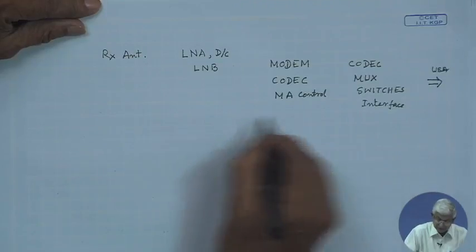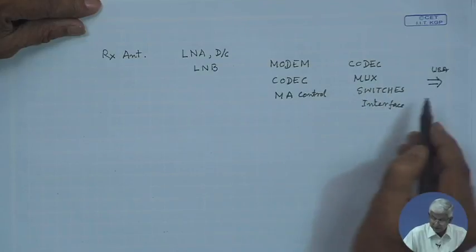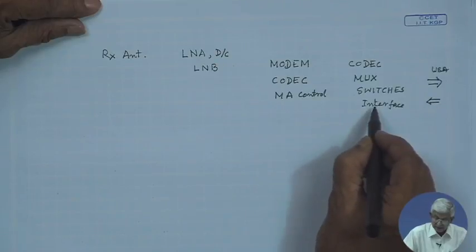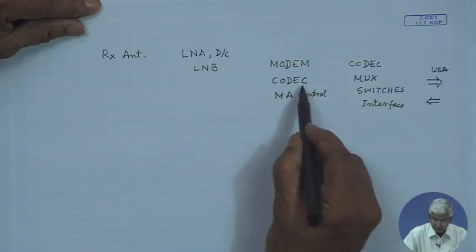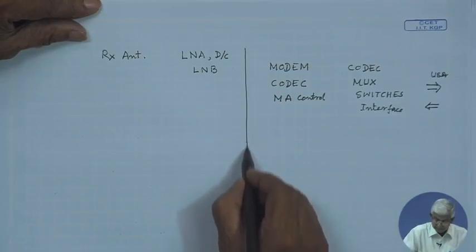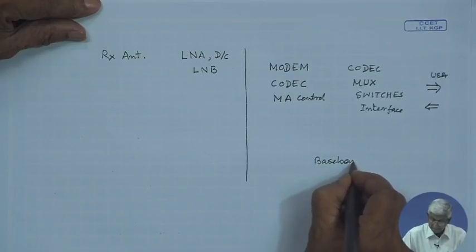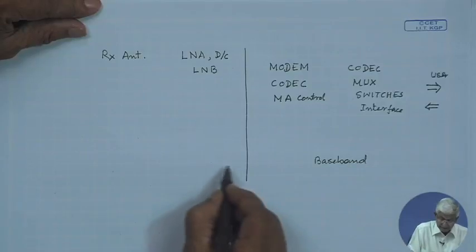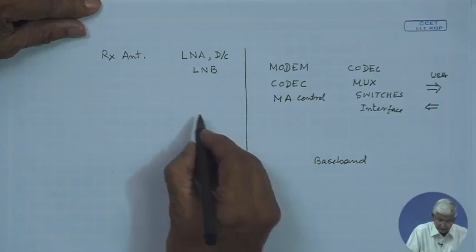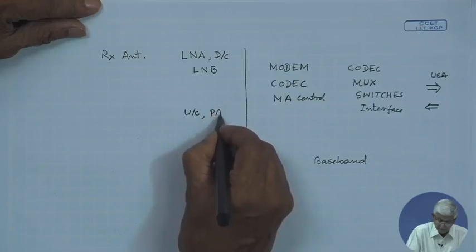So similarly on the transmit side you have the other part, that is the switches which are coming and then interfacing to the user, and then you have this modulation, the coding, multiple access control, etc. So this side I can call the baseband side, and after this modulation you have the up converter and then the power amplifier.